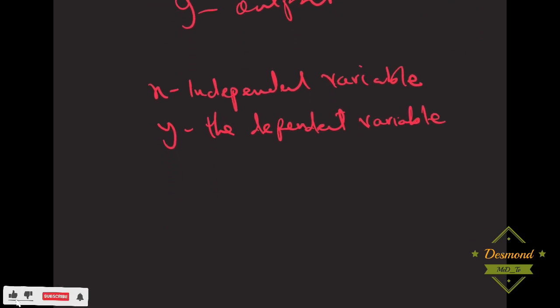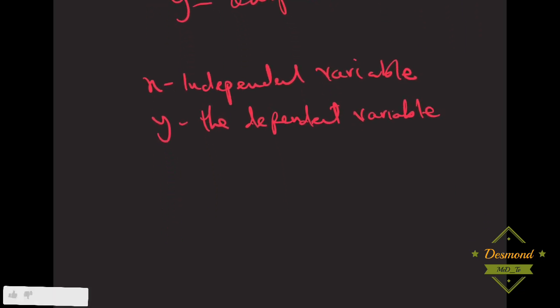Now, using the function notation, y should be equal to f of x. We read this equation as y equals f of x. That's how we read it.